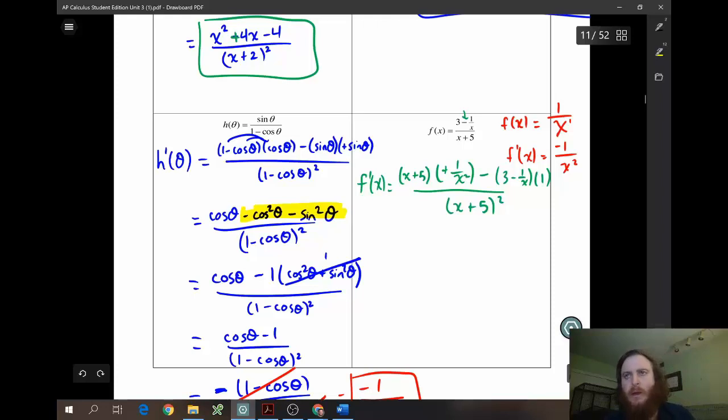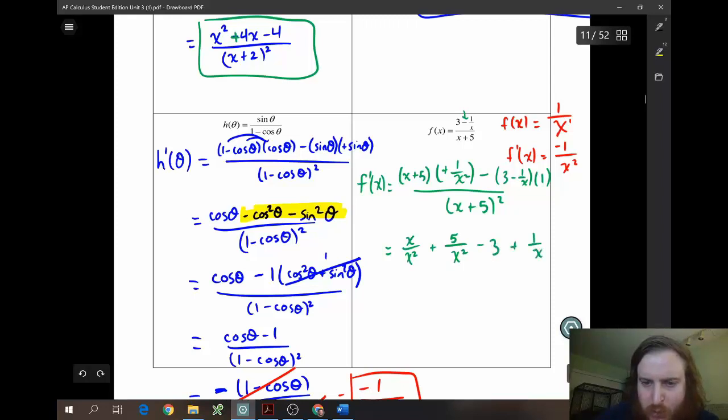Okay, now this is a little bit tricky, but when we have a fraction inside of a fraction, the best thing to do is to multiply by that denominator. Now I'm going to expand it first because I think it's a little bit easier, so I'm going to write this as x over x squared plus 5 over x squared minus 3 plus 1 over x, all over x plus 5 squared.